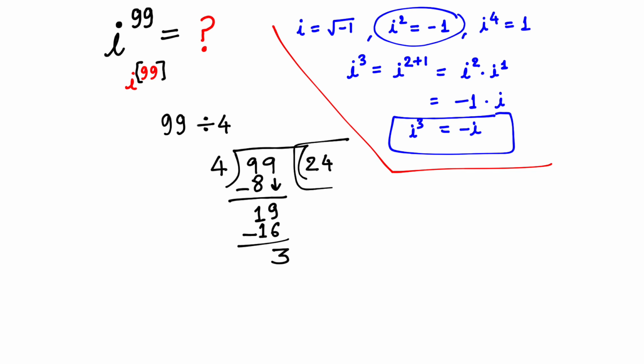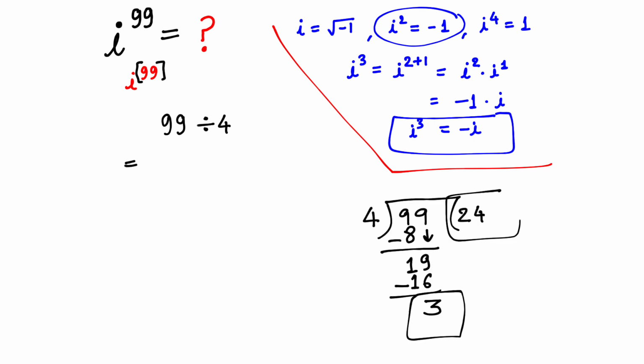So the quotient is 24 and the remainder is 3. So this whole term can be written as 4 multiplied by 24 plus 3: divisor, quotient, and the remainder. The purpose is to find the exponent in the table of 4, and after dividing, whatever remainder is there, we just write the remainder.